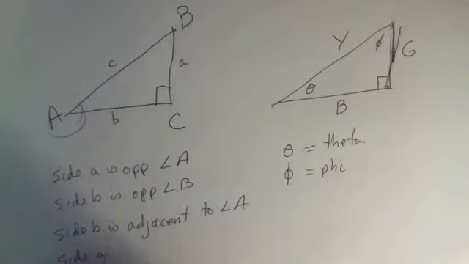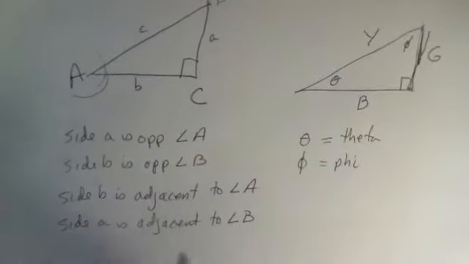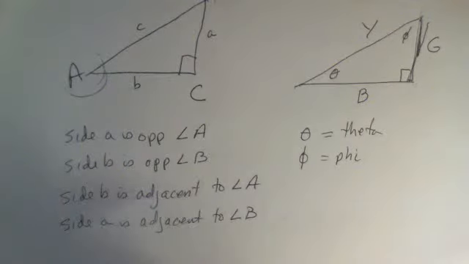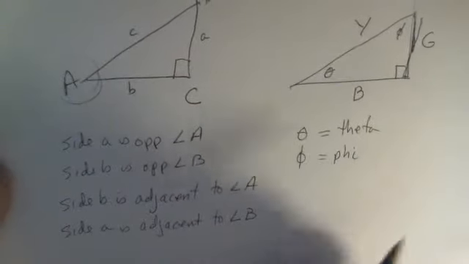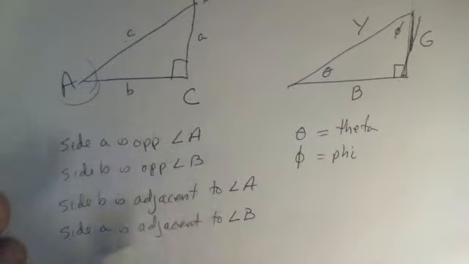And the other side, A, is adjacent to angle B. So you have to understand what we mean by opposite and adjacent sides, and that's very important as we get into trigonometry. Everything involves what angle you're talking about.